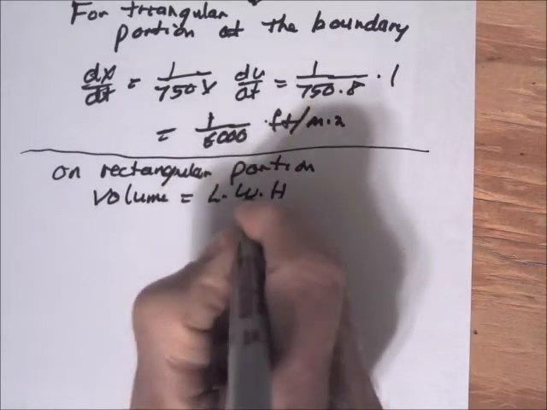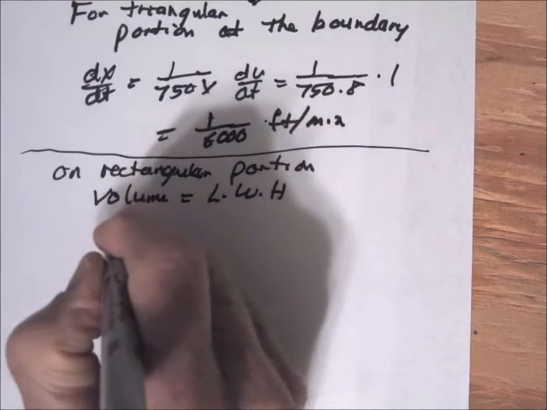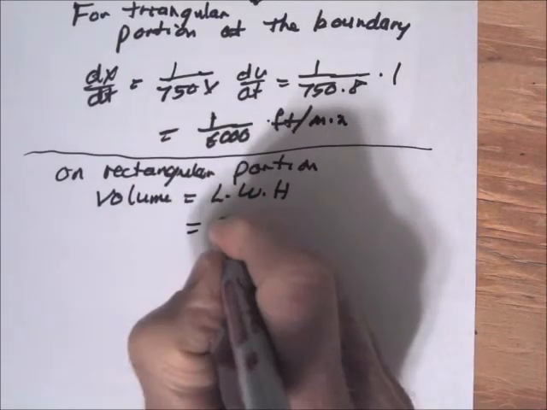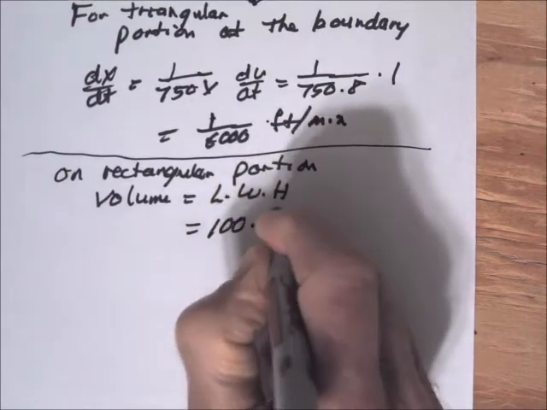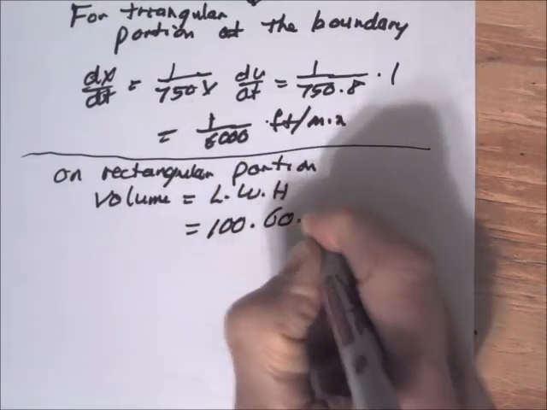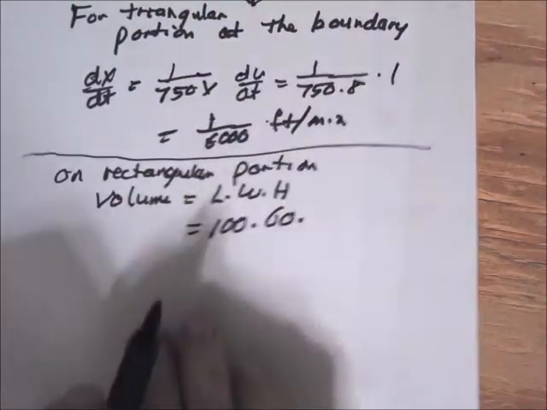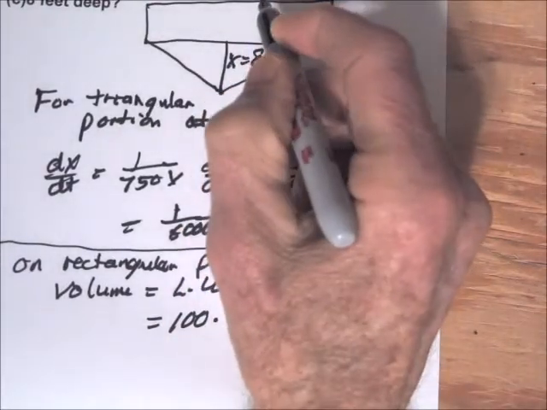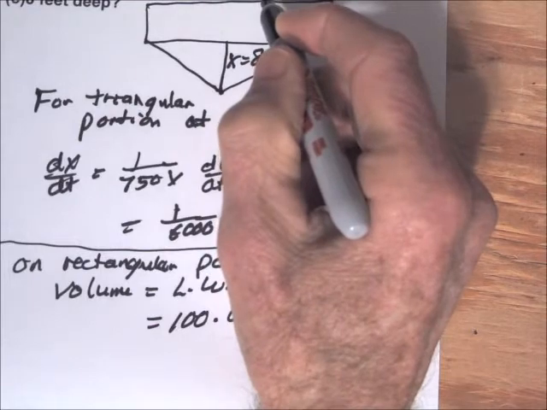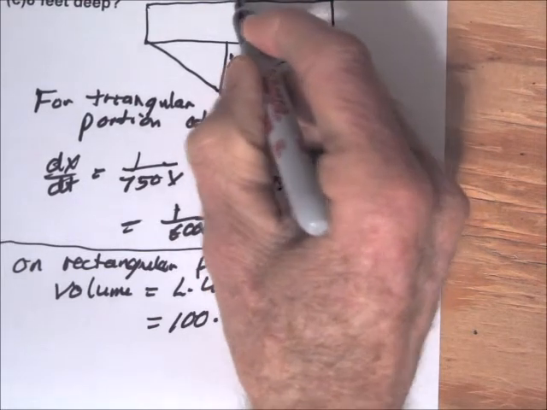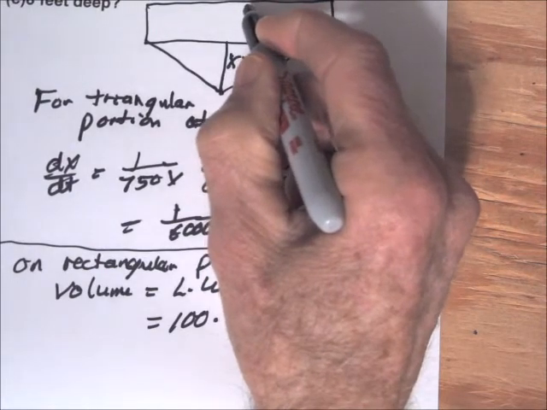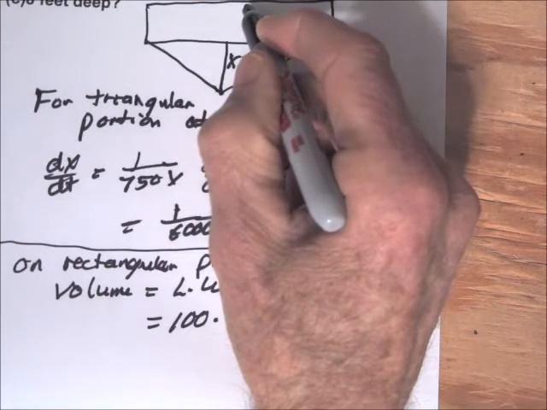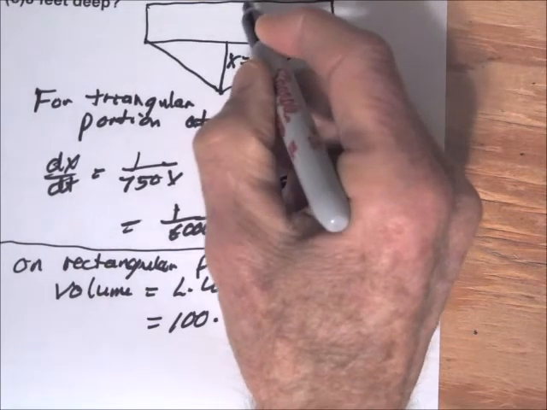Length and width are fixed. The length is 100 feet, the width is 60 feet, and the height of this portion we could write as x minus 8.